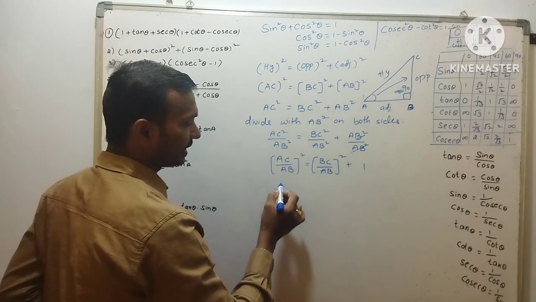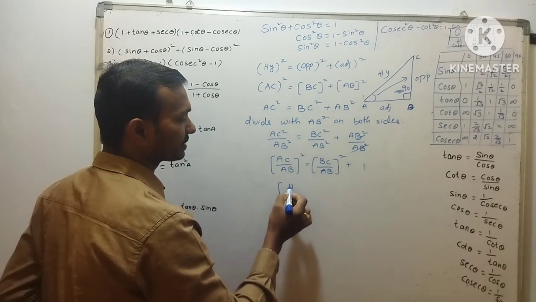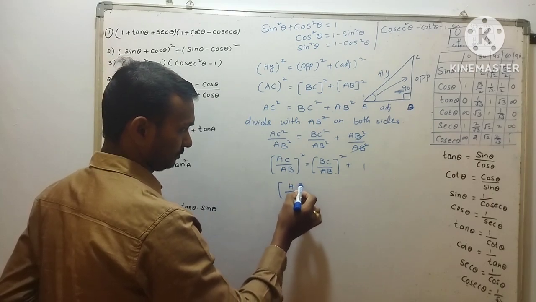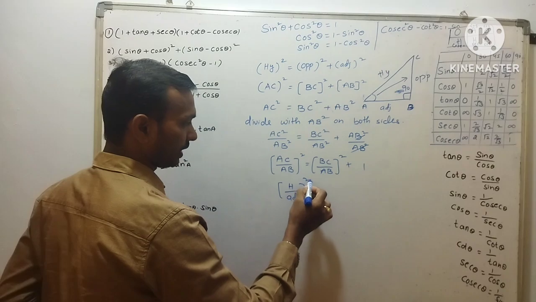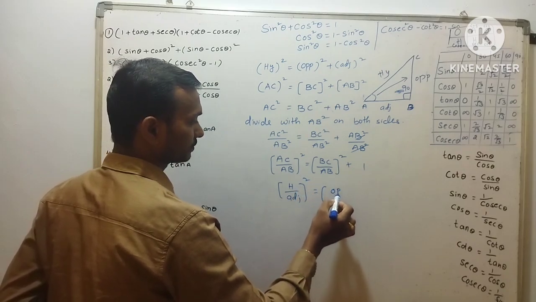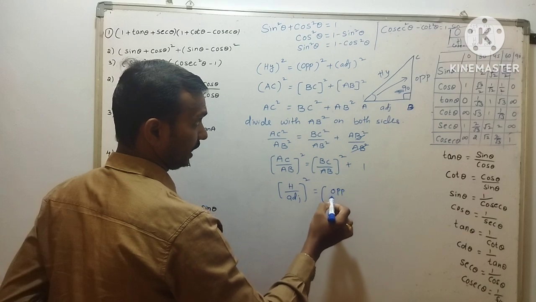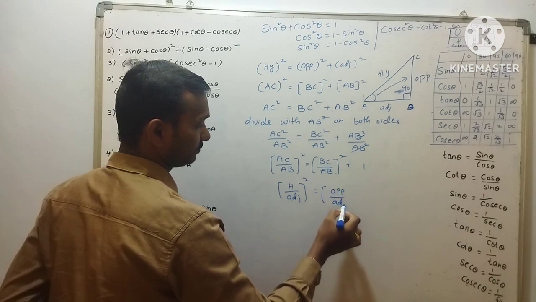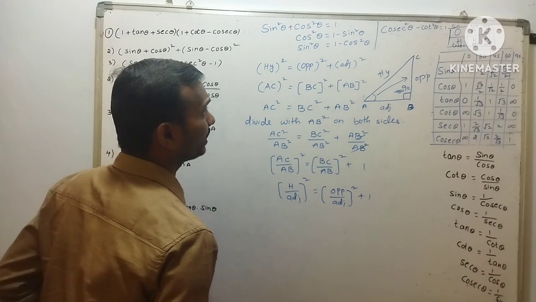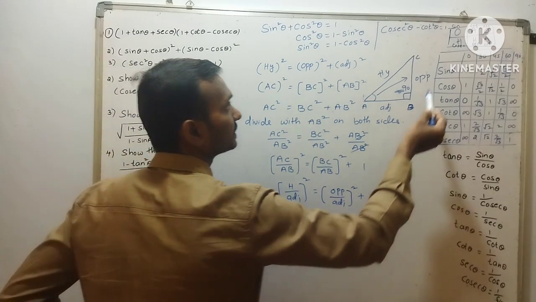Now from this triangle, AC is the hypotenuse, AB is the adjacent, BC is the opposite, and AB is the adjacent, all squared.